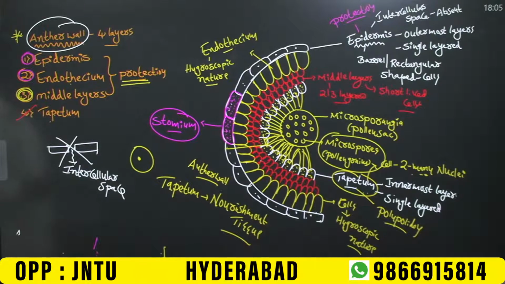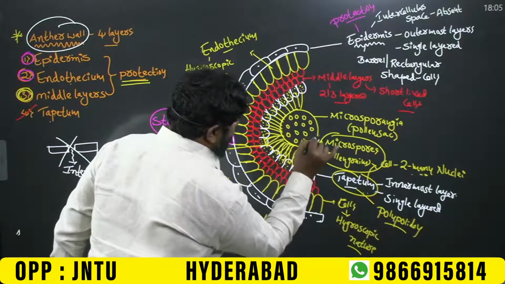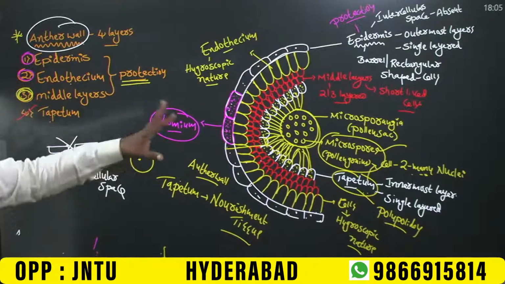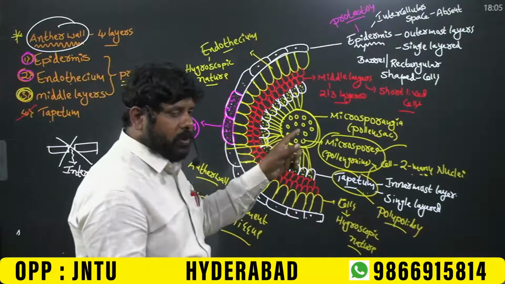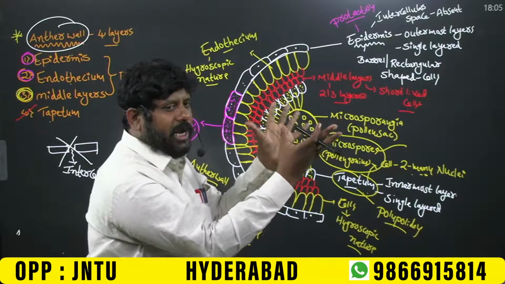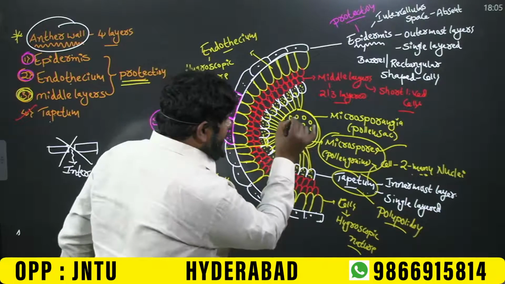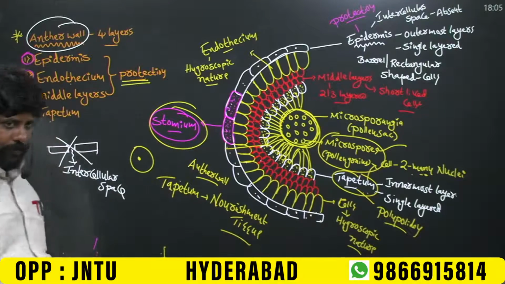And listen carefully. Inside the microsporangia, which one is formed? Inside the microsporangia, microspores are formed. After the formation of microspores, this microsporangia undergoes lysis, meaning dehiscence. The dehiscence of microsporangia takes place at stomium.